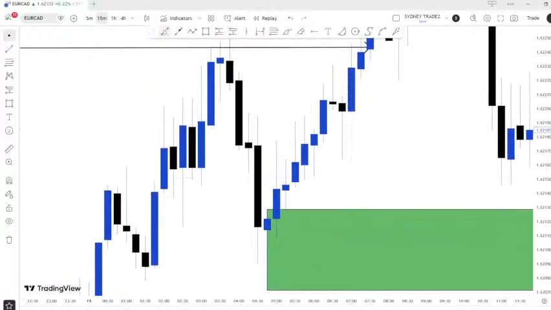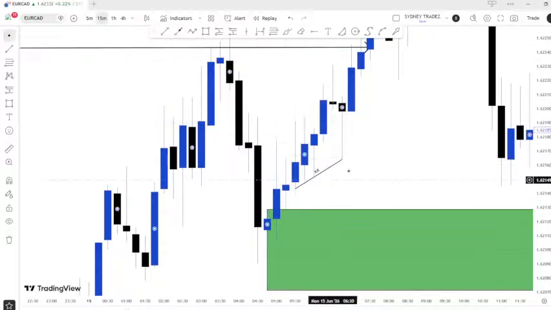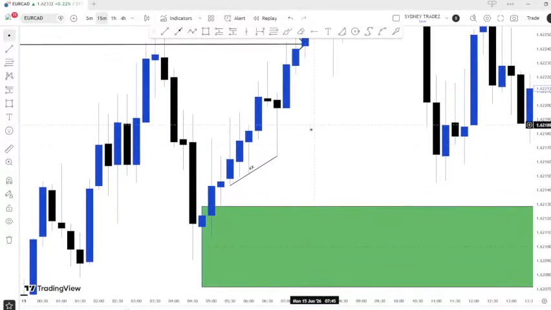We analyzed that there was a lot of liquidity resting over here. You can see these pushes from this area. This shows you a lot of liquidity lying.